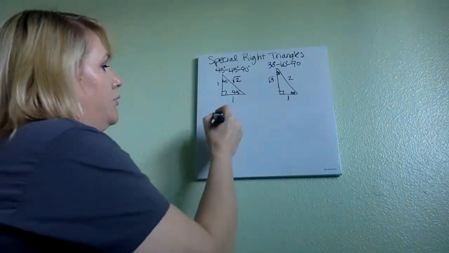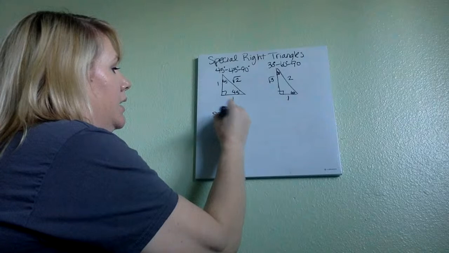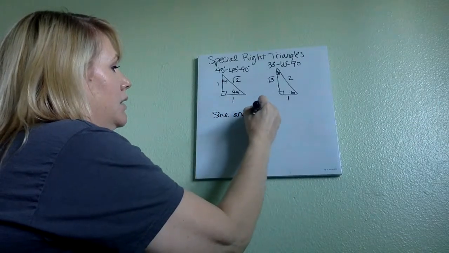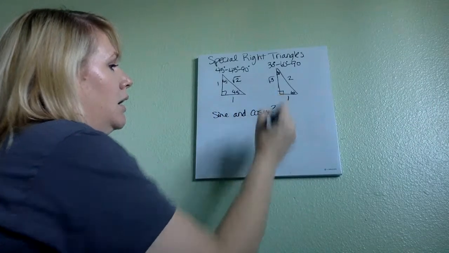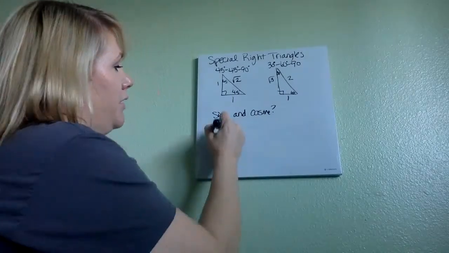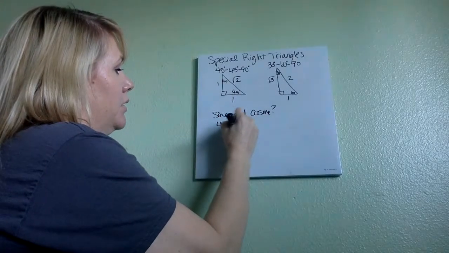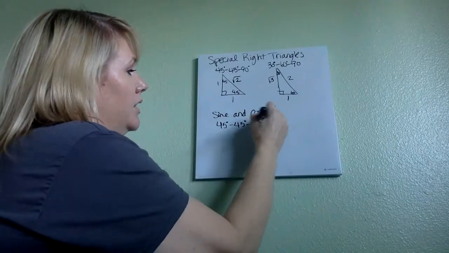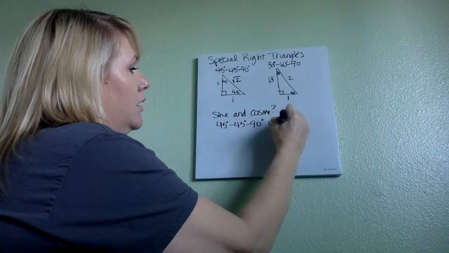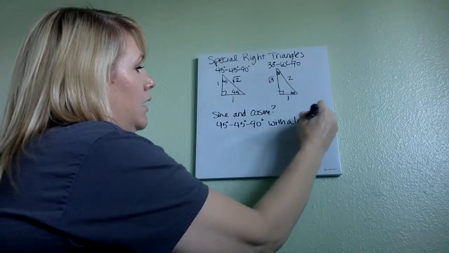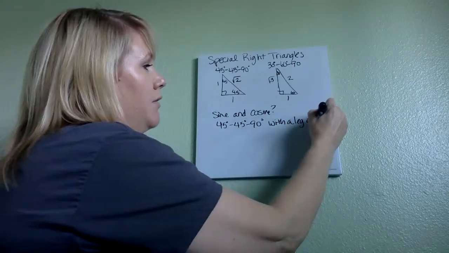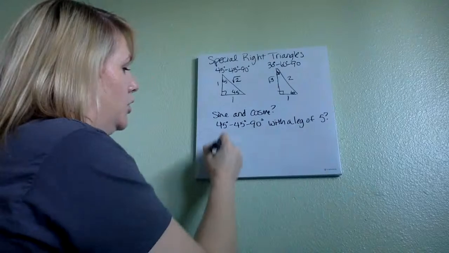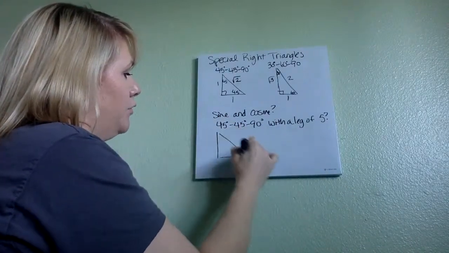So if I'm asked for the sine and the cosine of a 45-45 with a leg of 5, what would that look like? Here's our 45-45.